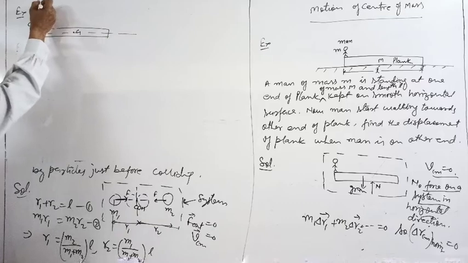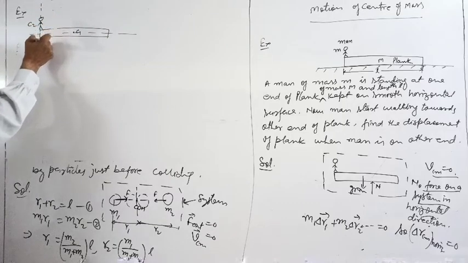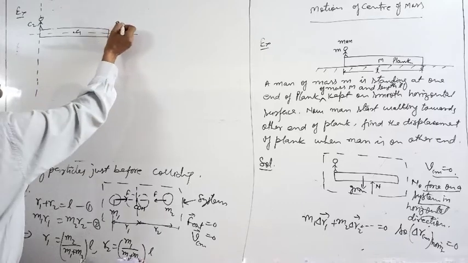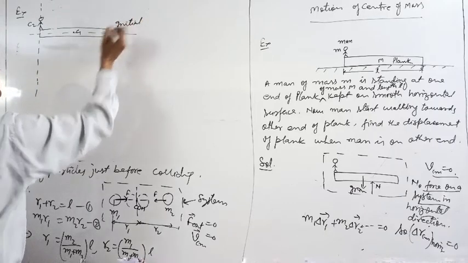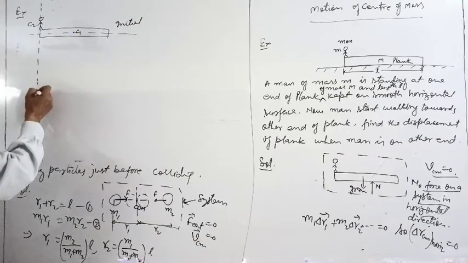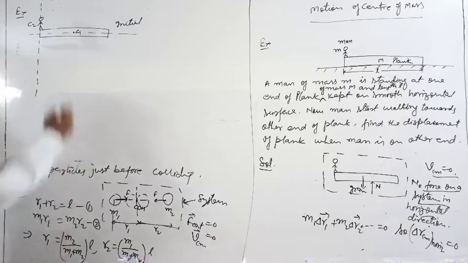This is your initial condition. Now when the man starts walking, the plank will also move. Why?